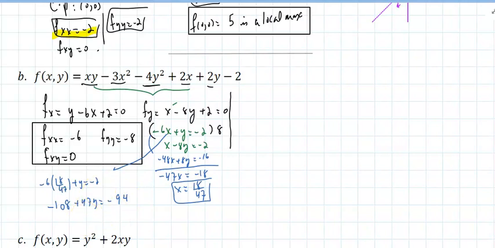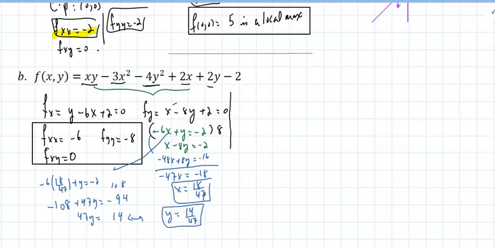So I'll get 47y equals, if I add 108 to this, I'll get 14. Yeah, 14. And y would equal 14 over 47. So the points are a bit bizarre because I made these problems up. That's okay. So I have a critical point to be 18 over 47 and 14 over 47. If I made a mistake algebraically, you get the point.